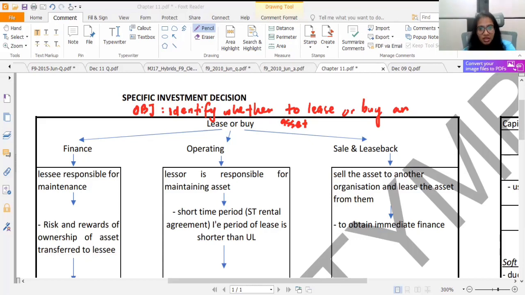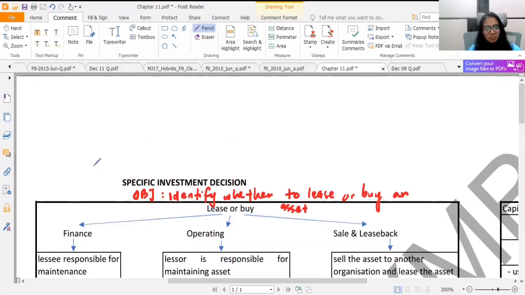Okay, so let's talk about lease or buy. The first thing that I want you to know is a few concepts. So what are the concepts that we are going to talk about? Number one, you need to know what is a lease. Number two, you need to know what is a lessor. And number three, you need to know what is a lessee.